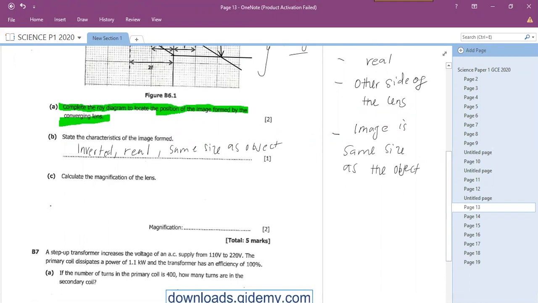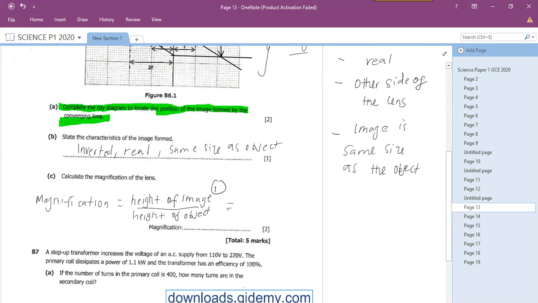So there's this formula here which states that magnification is equal to the height of image divided by the height of object. Any normal examiner will give you a mark for stating the formula.